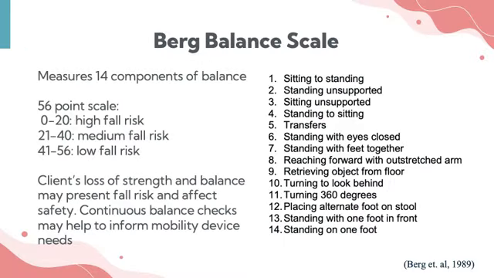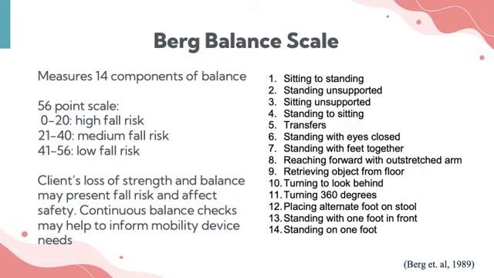Another thing that we can see being affected by MS is balance, so we decided to talk about the Berg Balance Scale as well. The Berg Balance Scale has 14 components of balance seen listed on the right side of the screen. Some of them include sitting to standing, standing unsupported, sitting unsupported, etc. The client has the possibility to achieve 56 points with a higher score indicating a lower fall risk.